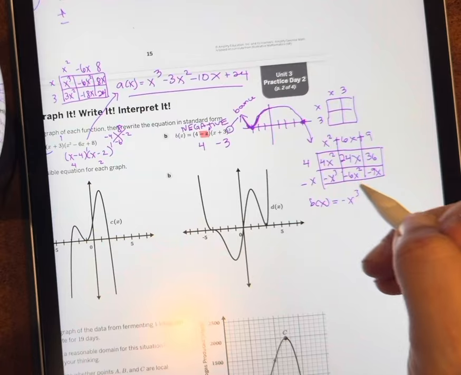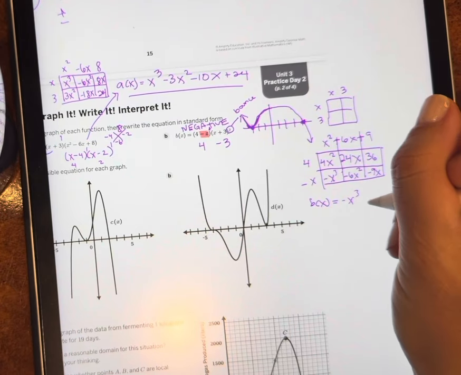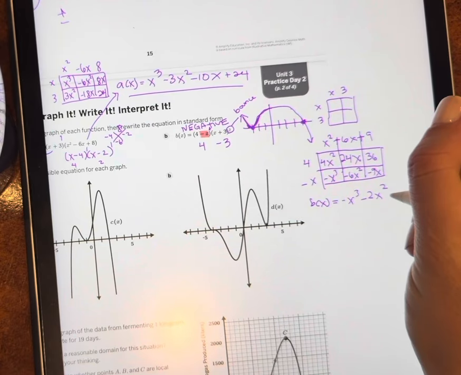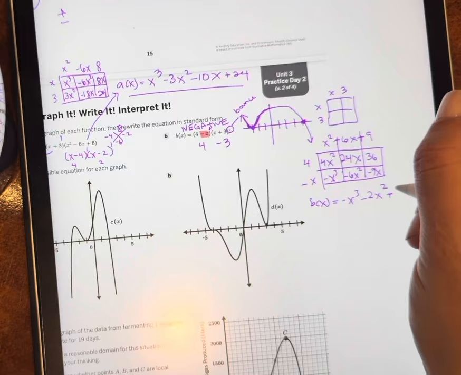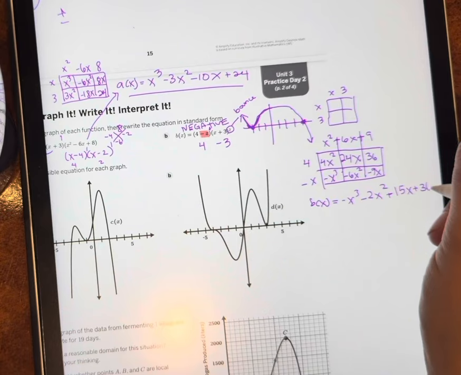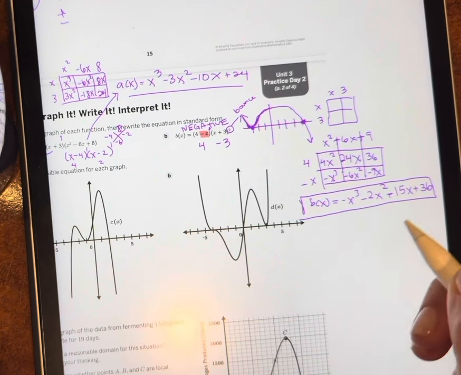And then let's combine like terms this way. So 4x squared minus 6x squared is negative 2x squared. 24x minus 9x is a positive 15x. And then plus 36.